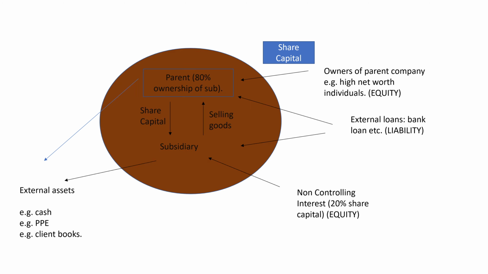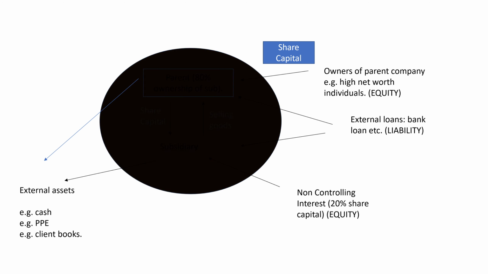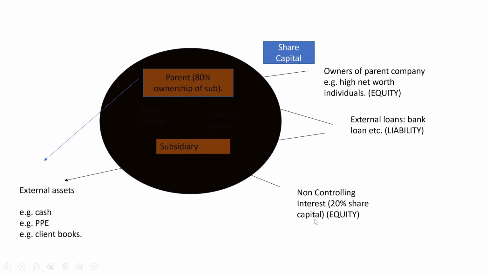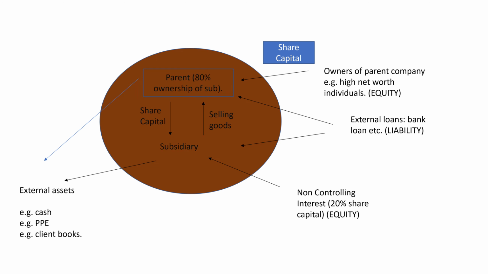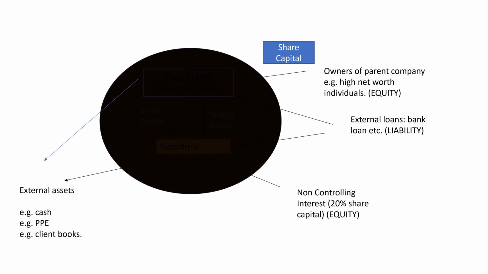As you can see, share capital is going to the parent, but even when we black it out, that arrow still remains because it's coming from outside of the group. The other equity investor is the non-controlling interest, and they're putting money into the subsidiaries. Okay, so they're putting money into the subsidiary, but by putting money into the subsidiary, they're actually putting money into the group as well.